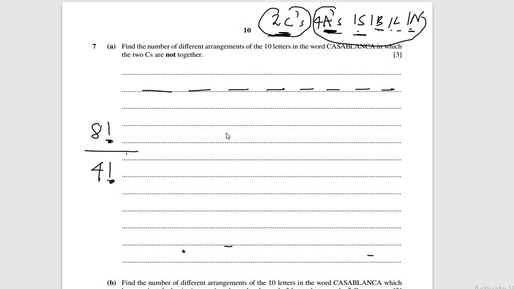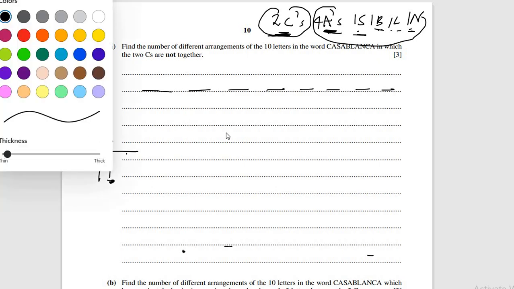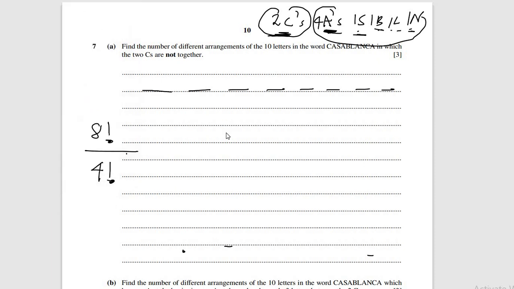So the 2 C's can either be here, or here, or here, because they must not be together. That's the condition. After arranging these ones, once you place the 2 C's, they will not be together.